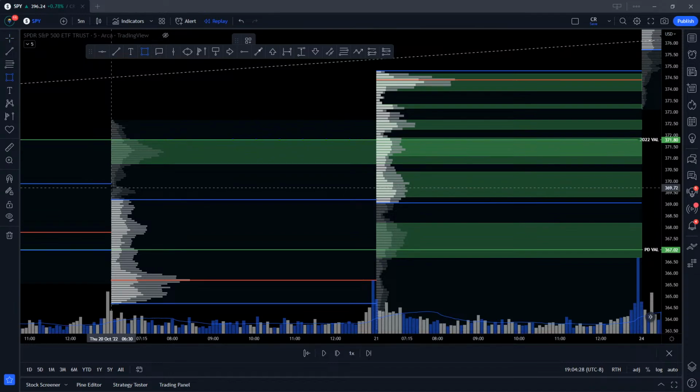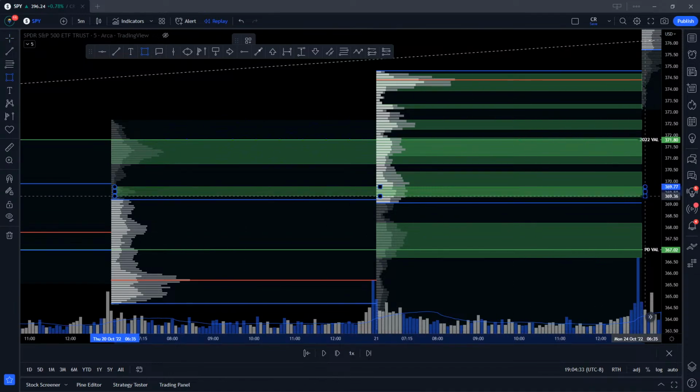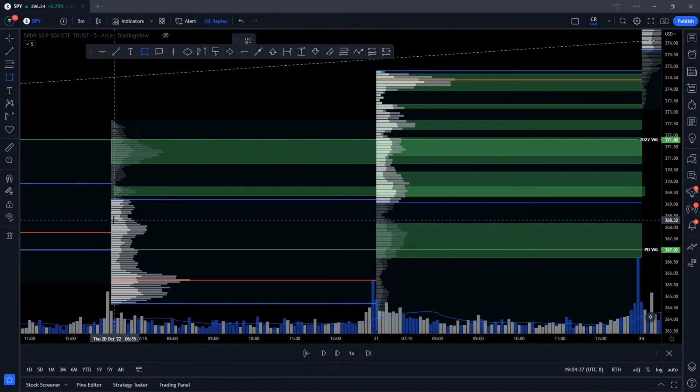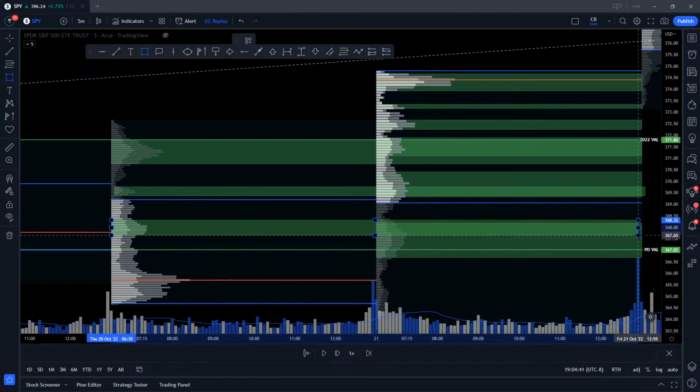And then we have a shelf here that's lining up here. We have a pretty good sized shelf here. Have a little bit of a shelf here.